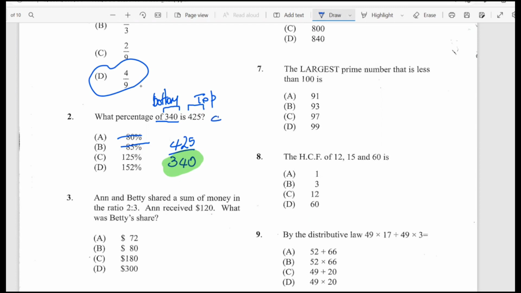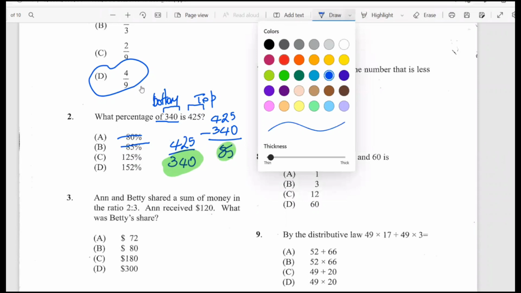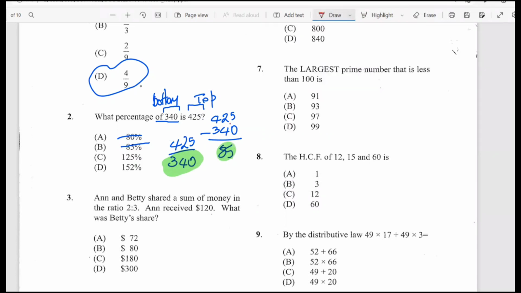For example, if we say 425 and we take out that 340 from it, right? So 425, and you take away 340, you're left with 85. Now, this 85 is the remaining part, the extra piece, because 340 is equivalent to 100% already.